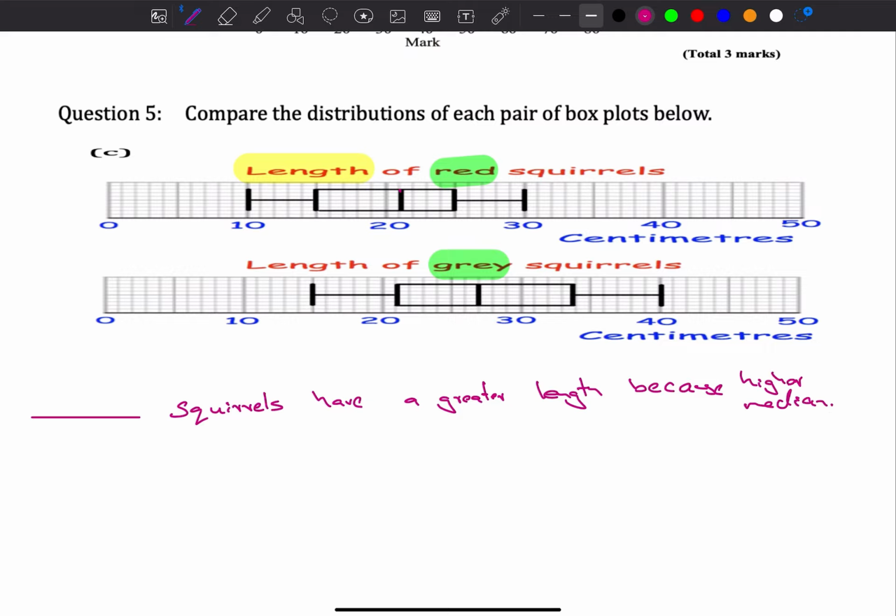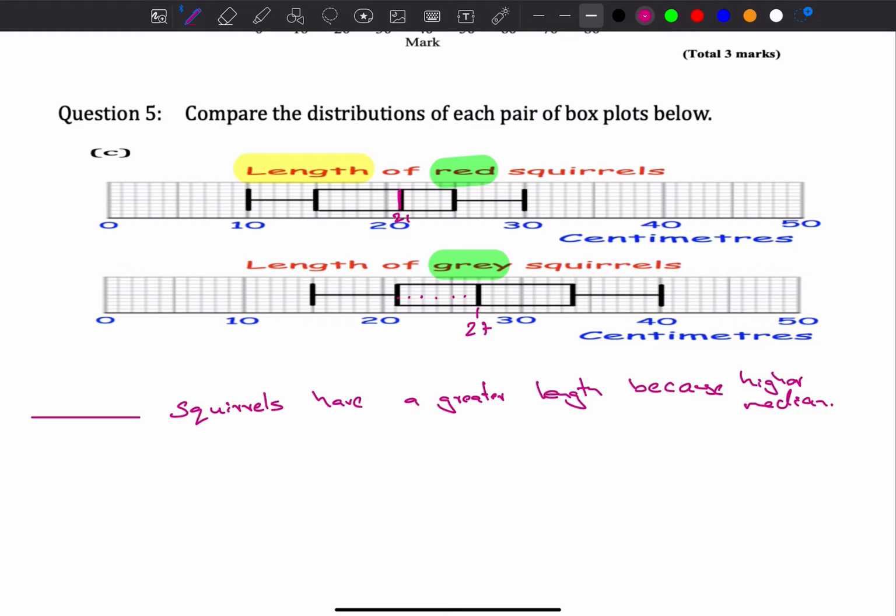If you look at the median of this one, it is 22, let's write it here. This median is 20, no, that's not 22, it goes up in ones, I think. 21, 22, yeah, 21, 20, 21, 2, 3, 4, 5, 6, 7, 27.